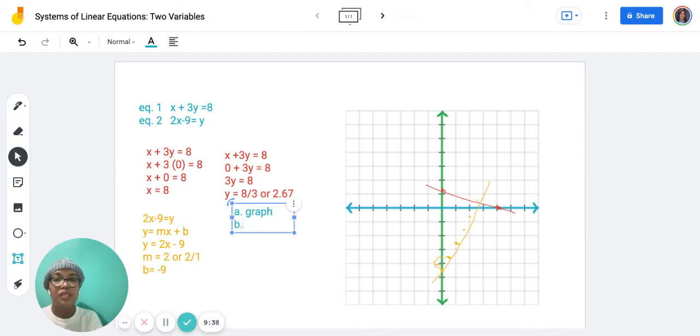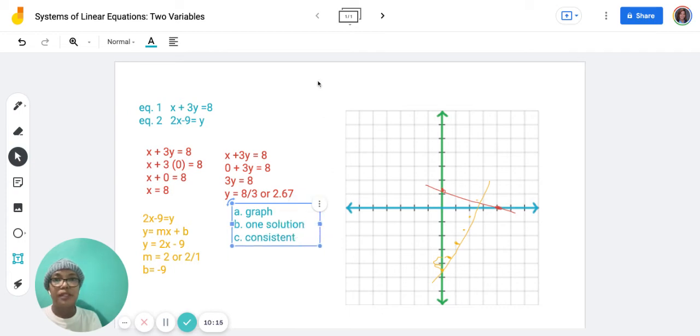And letter B, how many solutions? If we have an intersection, the intersection is actually the solution of the graph. So there's only one intersection, so there's only one solution. And letter C, identify if this is consistent or inconsistent. Our system is consistent, but we only have one solution.